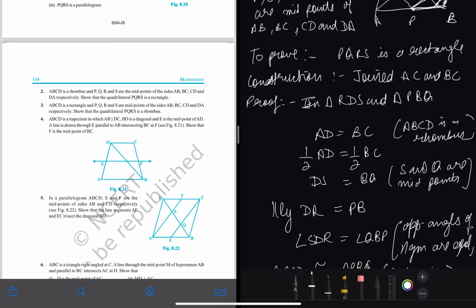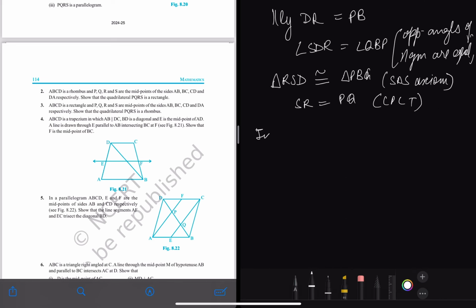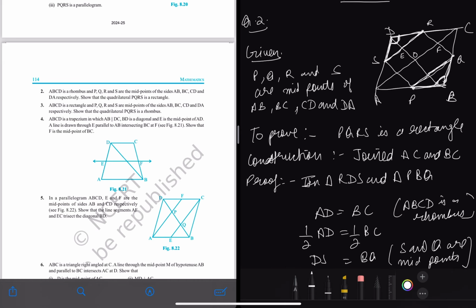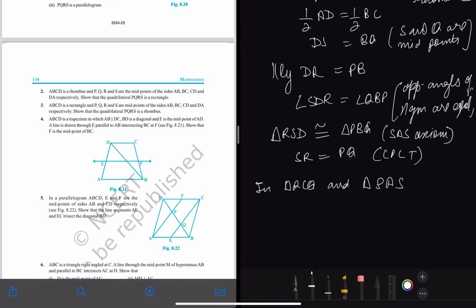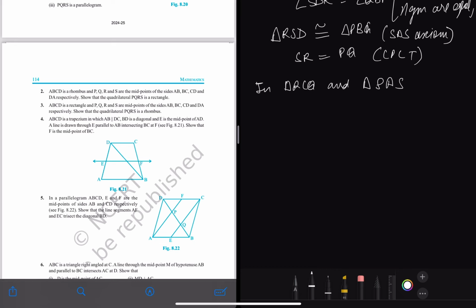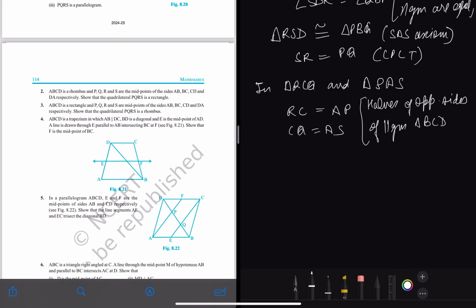Next we will consider triangles RCQ and PAS. Similarly, we will prove that PS is equal to RQ. We will use the same logic. Here RC is equal to AP, CQ is equal to AS because they are halves of opposite sides of parallelogram ABCD, which are equal.